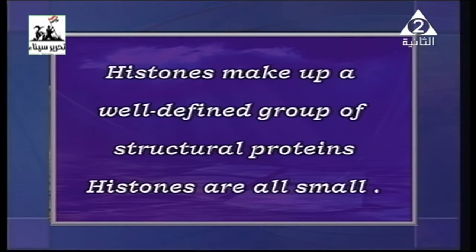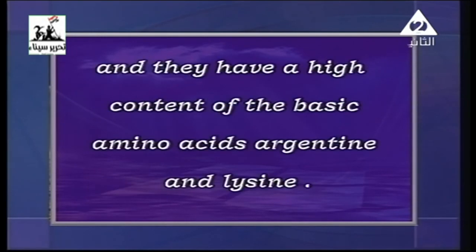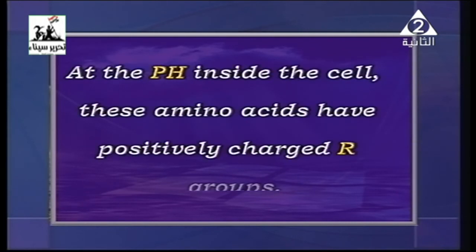And also histones, all of them, are very small. They have a high content of basic amino acids, like lysine, at the pH inside the cell. pH here means what? The concentration of hydrogen.